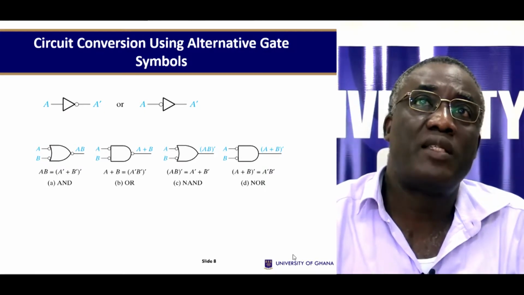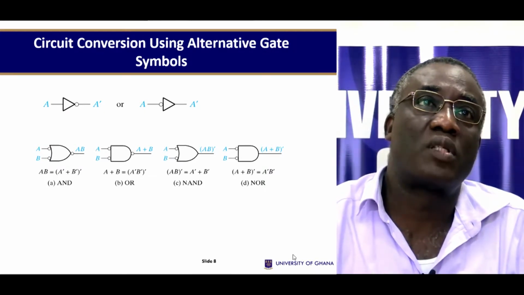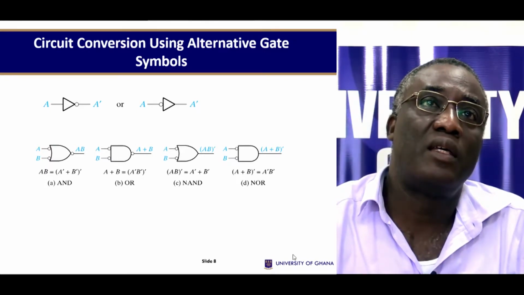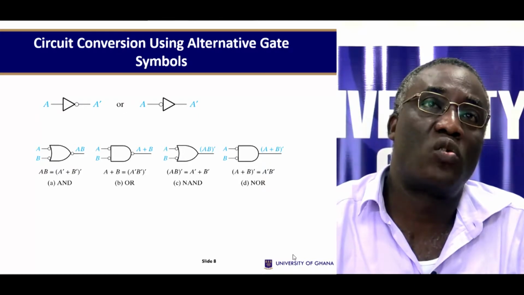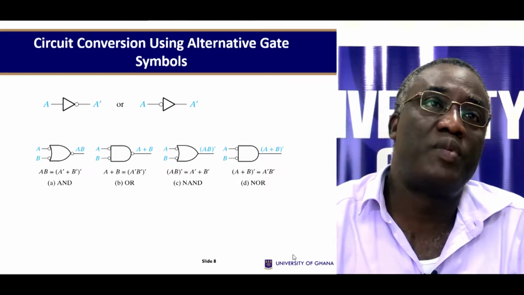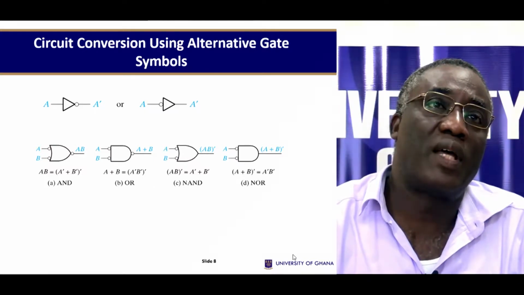You could also realize this using alternative gate symbols. So you have A here giving you not A, or a B here giving you not B. So you can have that where you have not A, not B into an OR gate. Now, if you OR that, that becomes what?